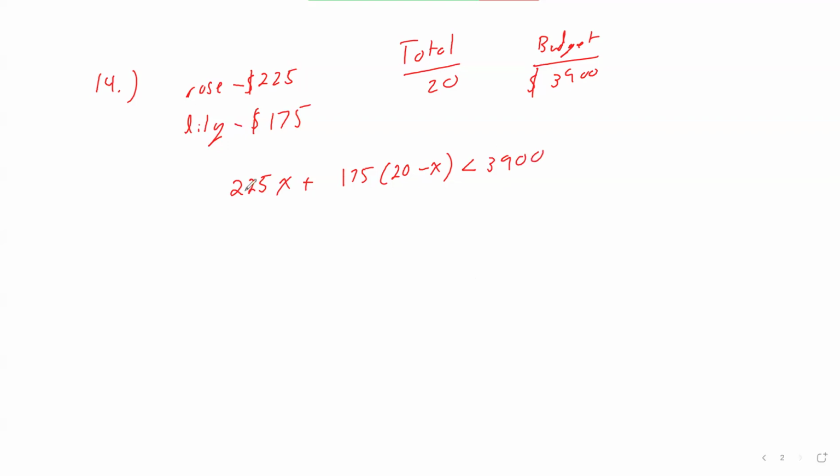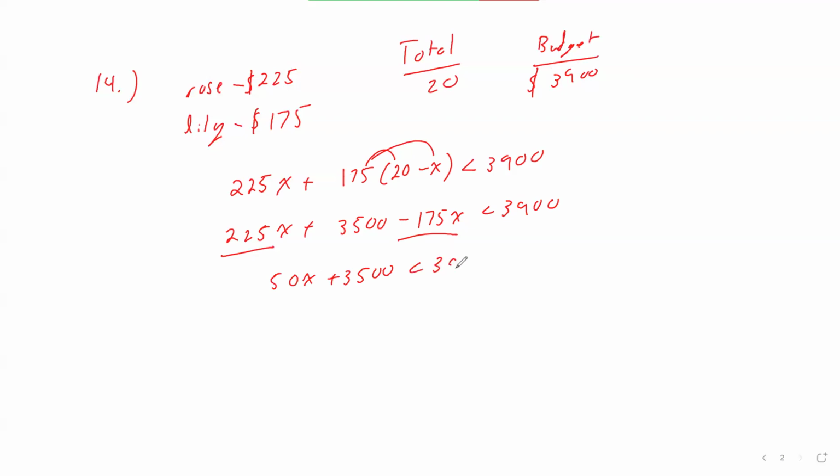Then from there, I'm just going to solve it. I distribute first, so I get 175 times 20, which gives me 3,500 minus 175x less than 3,900. Once I got rid of the parentheses, I can combine like terms. That is 225 minus 175, which gives me 50x plus 3,500 less than 3,900.